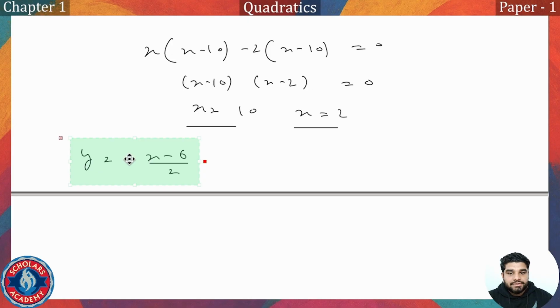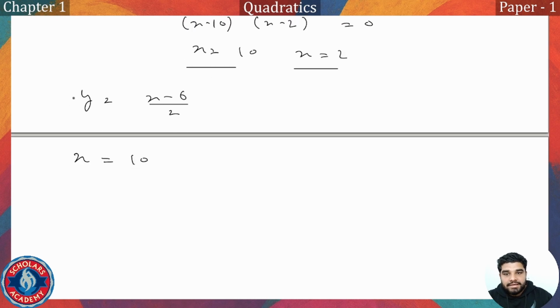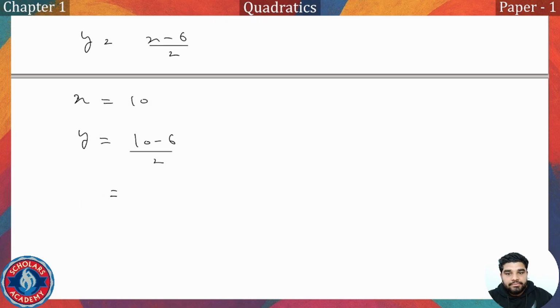So substituting these 2 points in equation number 3, we can find the values for y as well. If I take x is equal to 10 and substitute it, I will get y is equal to (10 minus 6) by 2, and that is y is equal to 4 by 2, and y is equal to 2.